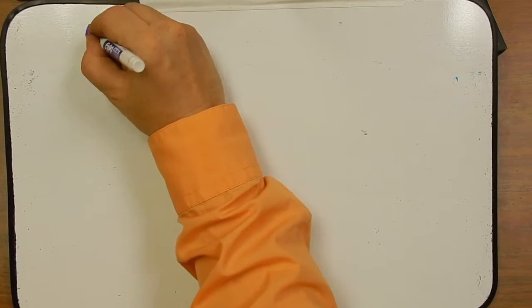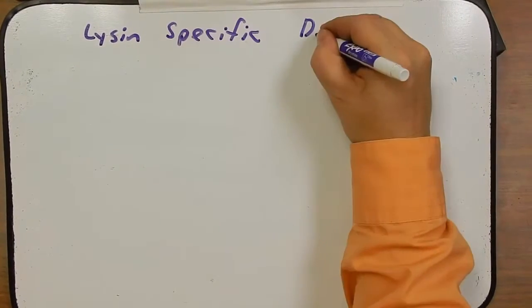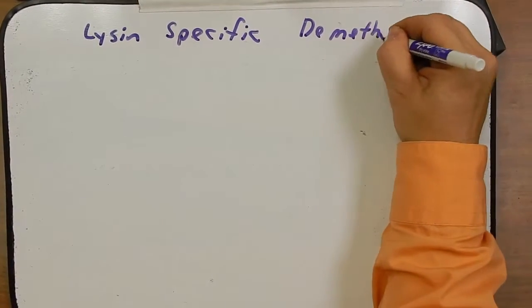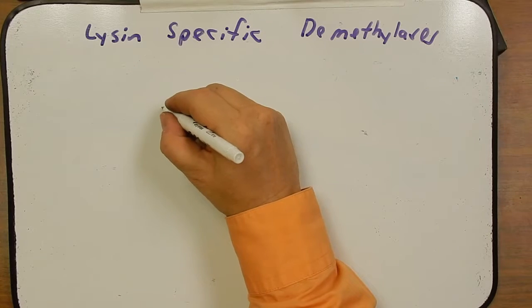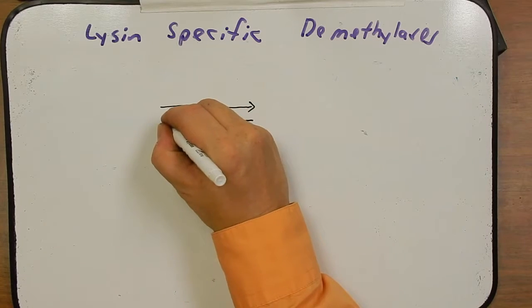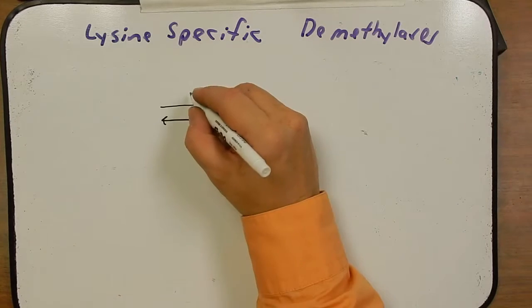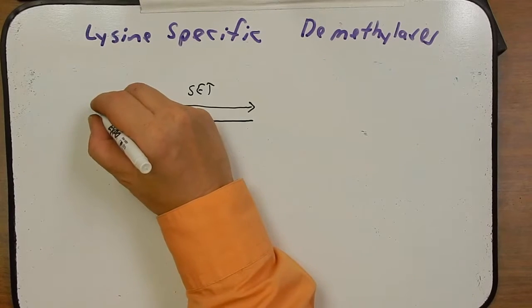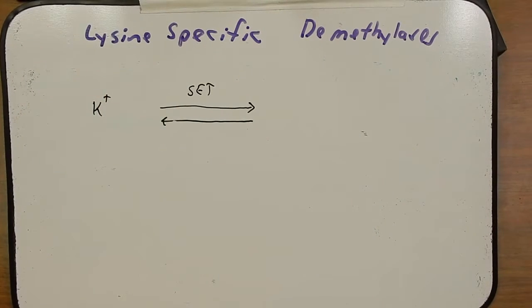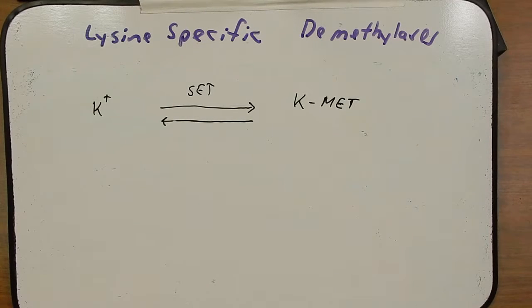Next, let's talk about lysine-specific demethylases. So let's remember that we're adding a methyl group to the lysines and the arginines, but we're just talking about the lysines now, and that this reaction is reversible. So these SET domains are important in taking this lysine residue and adding a methyl group to it.